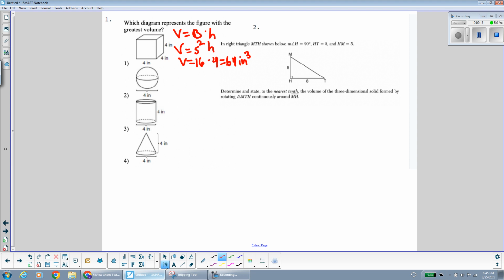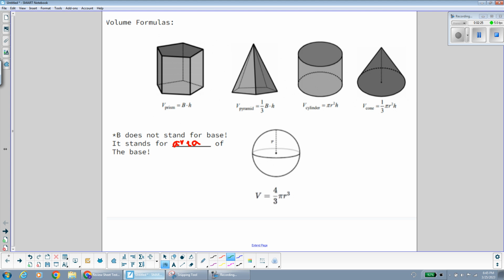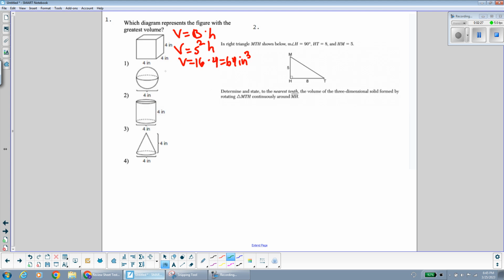The second solid here is a sphere. So our volume of a sphere formula is 4/3 pi r cubed. Our radius here is 2. The diameter is 4, but the radius is 2.